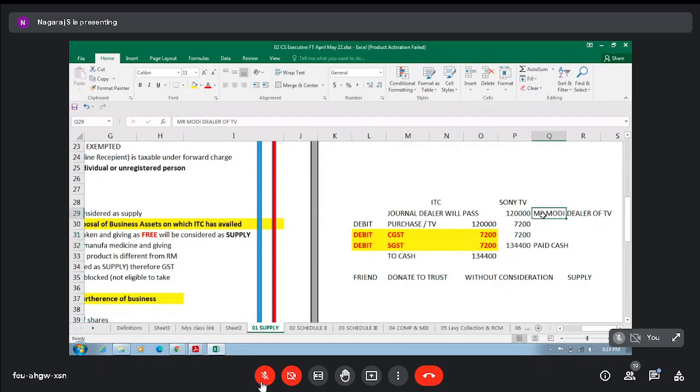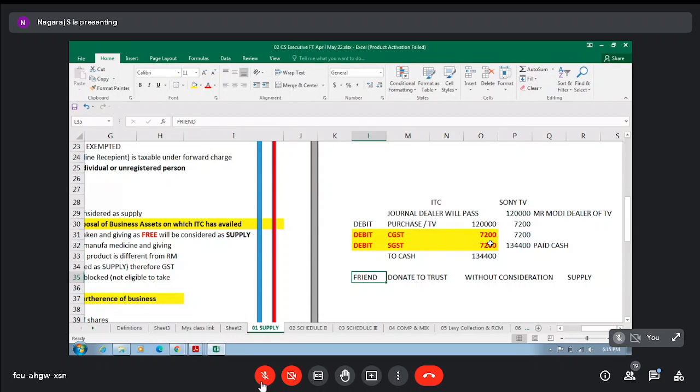Then Modi thought, oh, this can happen. Let me frame a provision. Hence, they have decided to put this provision. Whatever supply you make of a business asset without consideration, on which you have taken the ITC, you will have to make the GST payment on that supply by deeming it as a supply.